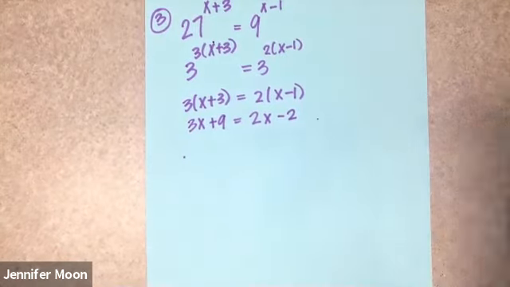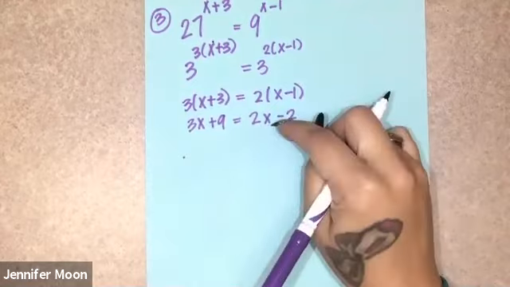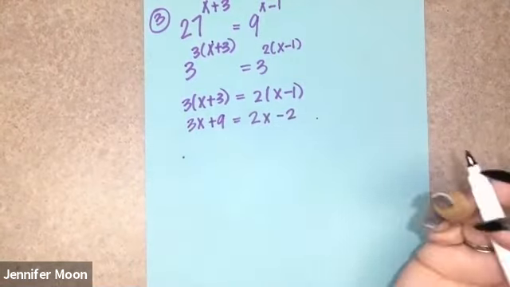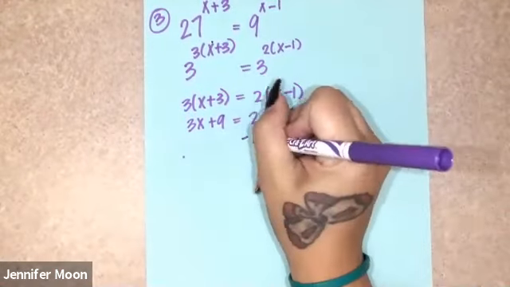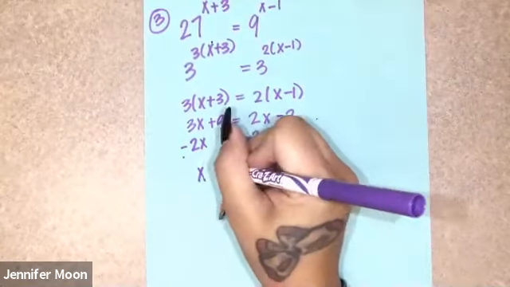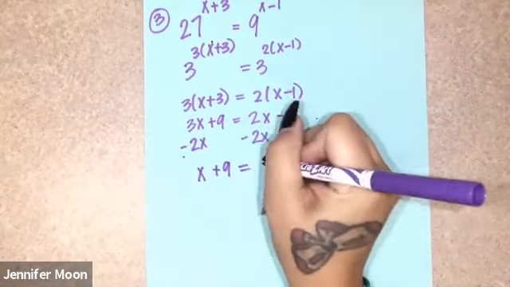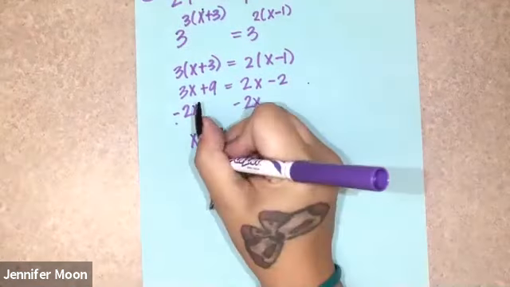And now what we do is we just solve this equation right here. I would move my 2x from the right-hand side to the left-hand side, and I would move my 9 also to the right. So let me go and do that. This becomes just x plus 9 equals a negative 2. And then now move your 9.